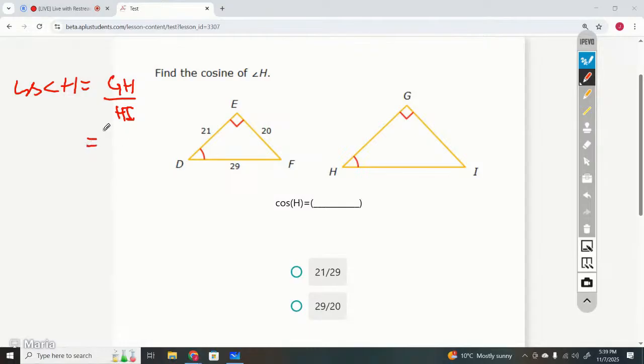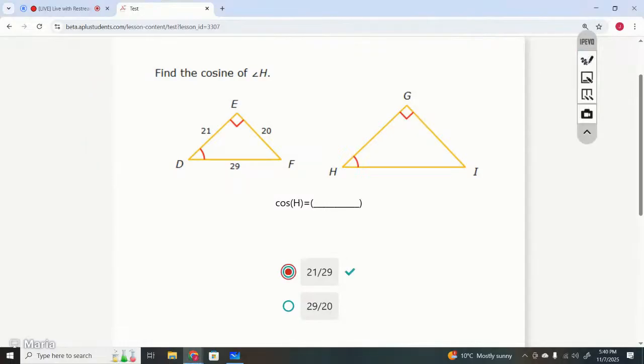So 21 over 29. Option number 1 is the correct option. That is 21 over 29.